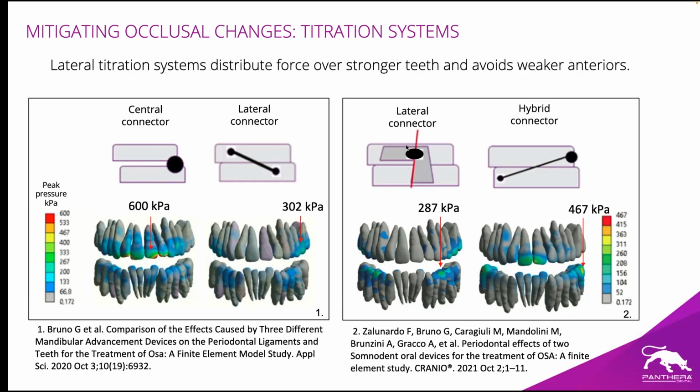Again, when we look at a lateral connector, in this particular case, it's a somnavent, it's a dorsal fin. When we get forces on the lateral aspect of these appliances, the forces start to go away. And then the hybrid connector, in this particular case, it's a somnavent avant.